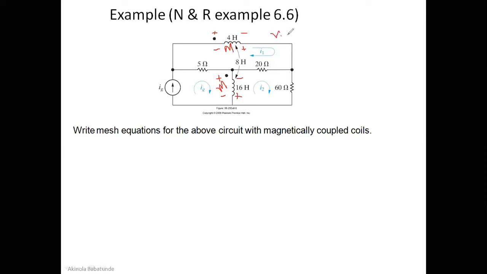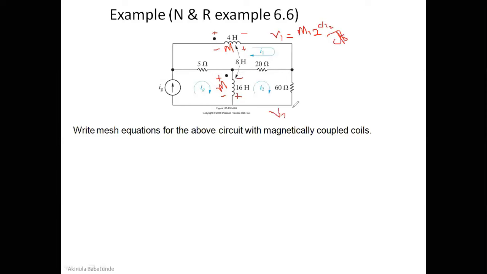So V1, as we know, will be equal to M12 di2/dt. And if we define this as the second inductance, this is going to be V2.